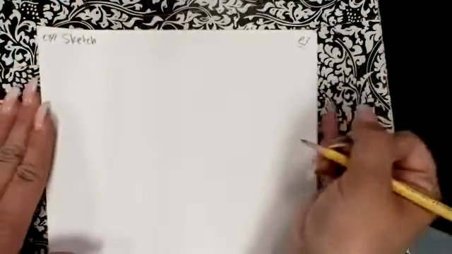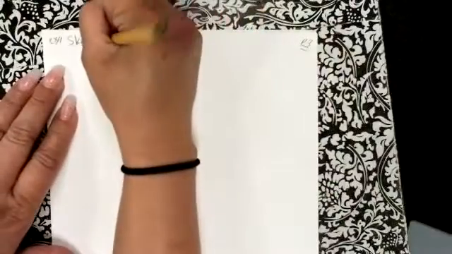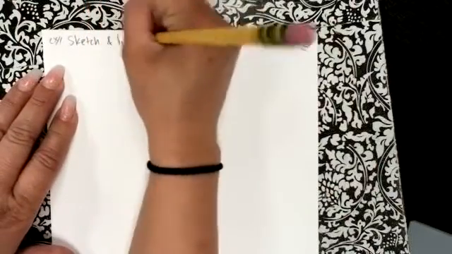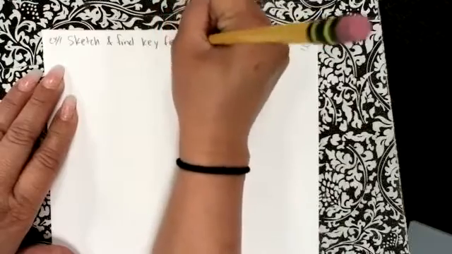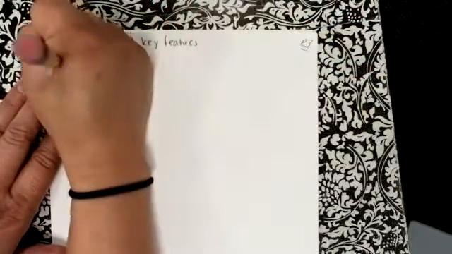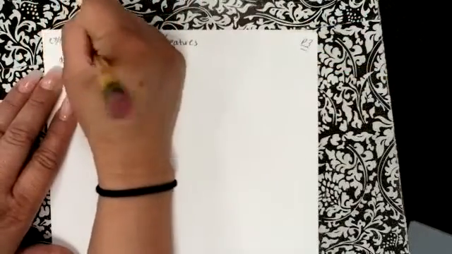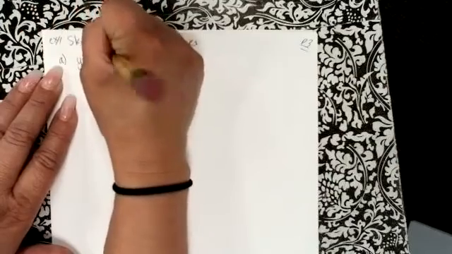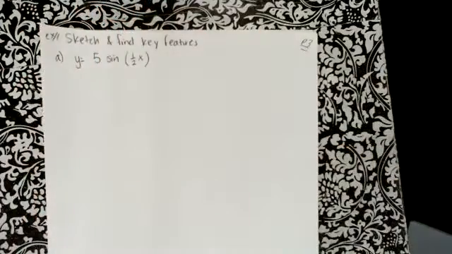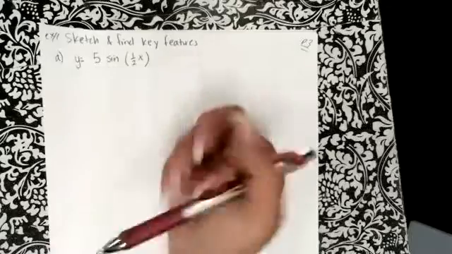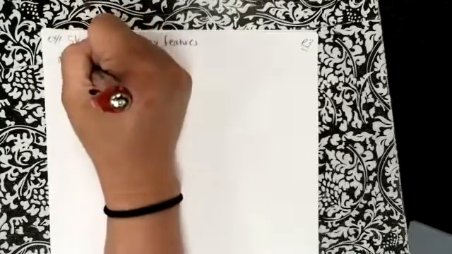We're going to sketch and find key features. So right here, the number in the very front is going to be the amplitude.